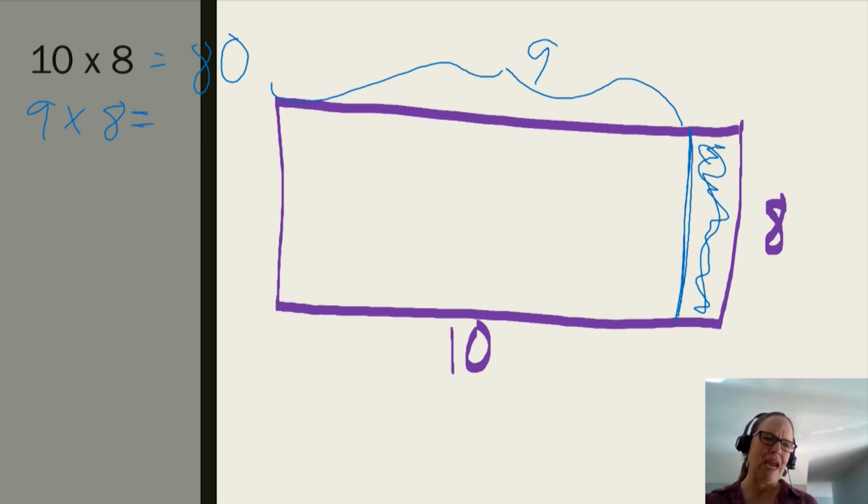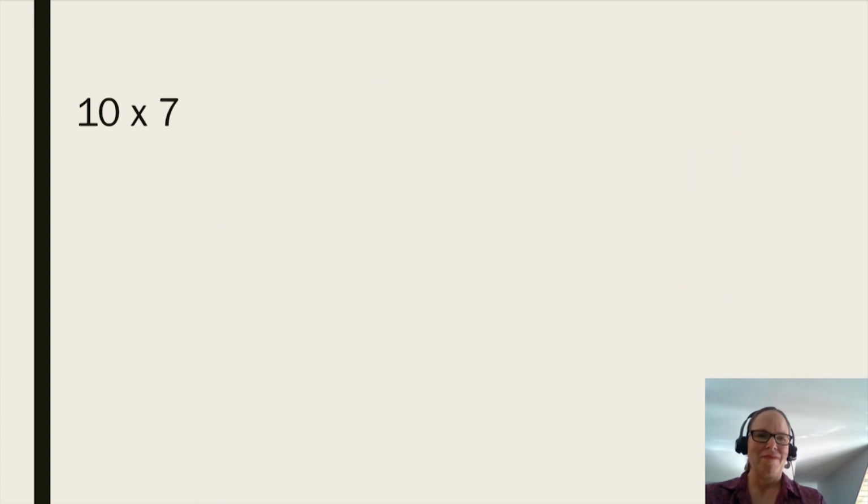So what is 80 minus 8? Did you come up with it? If you said 72, you are correct. So 10 groups of 8 is 80, and 9 groups of 8 is 72, which is a subtraction of a group of 8. All right, third graders, are you ready for this one?